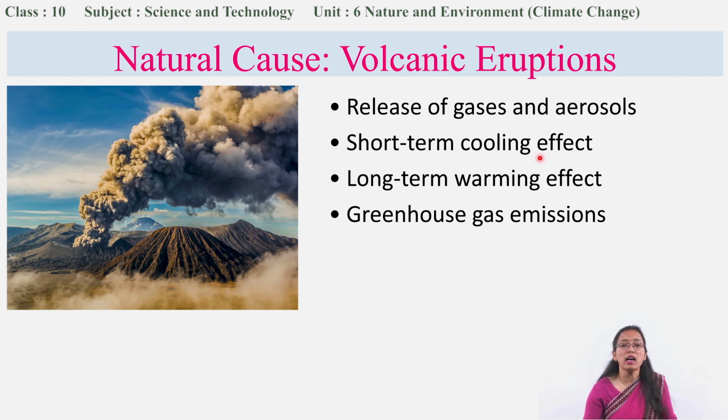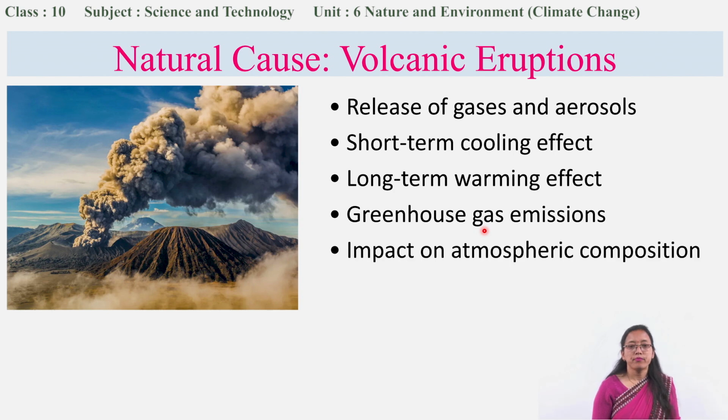But if these greenhouse gases increase, what happens? The temperature of the surrounding will also increase very rapidly, and that also causes climate change. Impact on the atmospheric composition: that means if different kinds of gases are mixed in the atmosphere, the composition of the natural atmosphere will be changed.